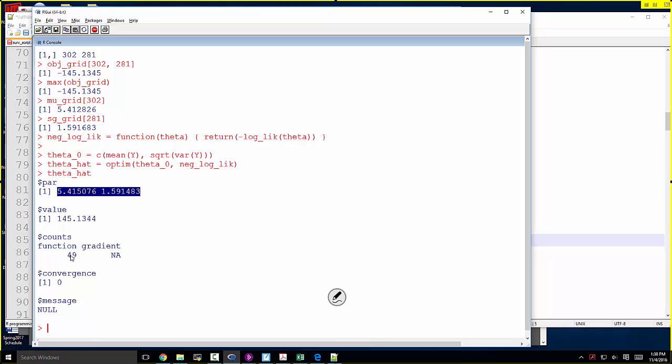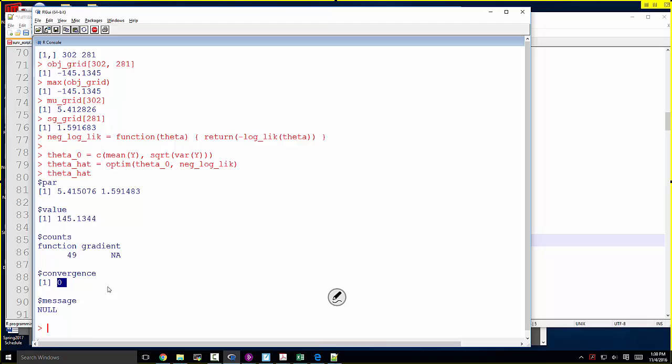It took 49 iterations. It had to call our log likelihood function 49 times. It gives us a code in the convergence element that, if you look at the help file, tells you did it converge or not, in addition to some other things.